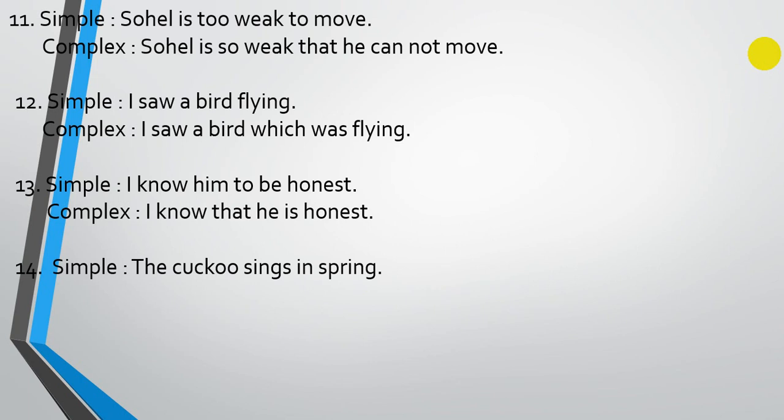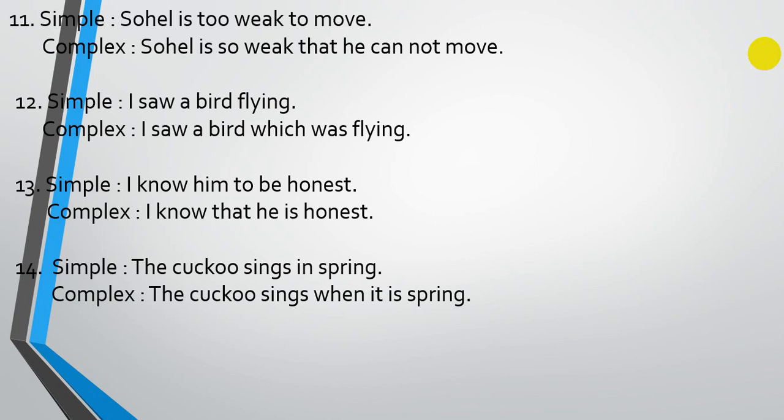At first, subject plus verb will remain unchanged. Then, subordinating conjunction when will be used since the phrase refers to time. After that, it plus be verb plus phrase will be used. Now the complex sentence will be, the cuckoo sings when it is spring.